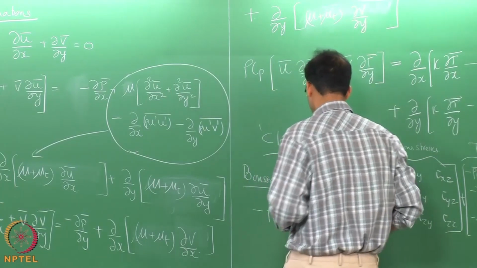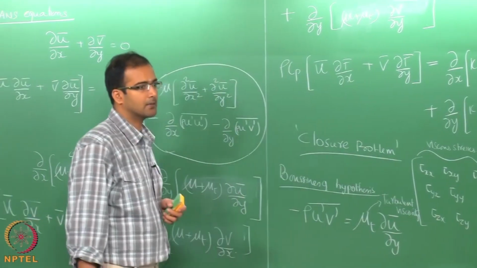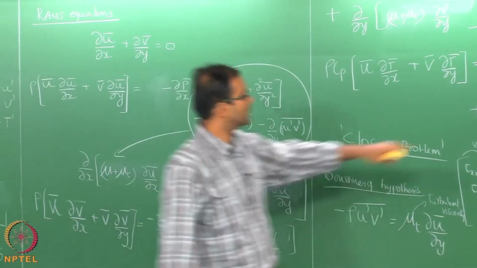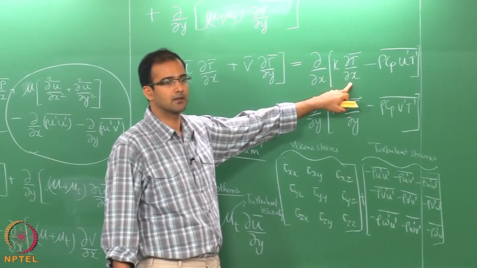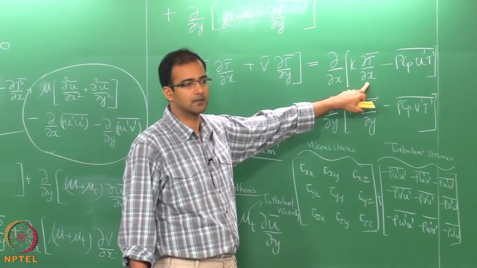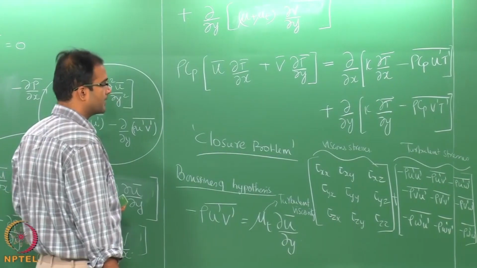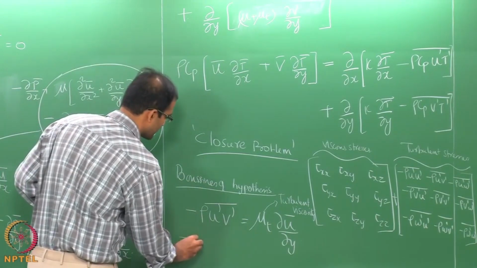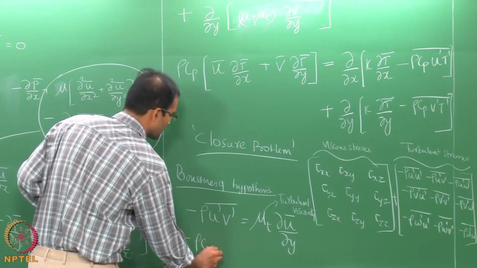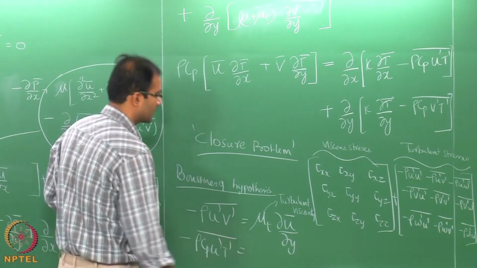So, similarly when you look at the turbulent thermal stresses, we have combined that with the molecular diffusion due to thermal conductivity. Okay, so, therefore, a similar hypothesis can also be invoked. So, what we can say is minus rho Cp into u prime T prime can be written as what?